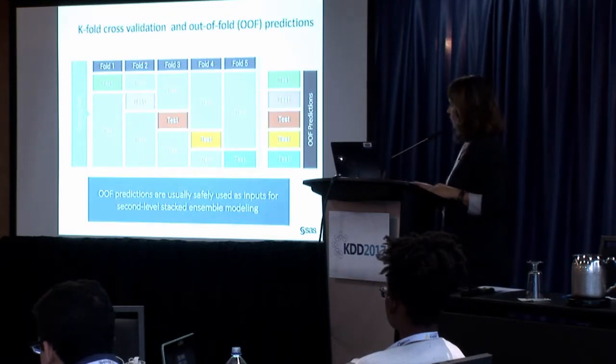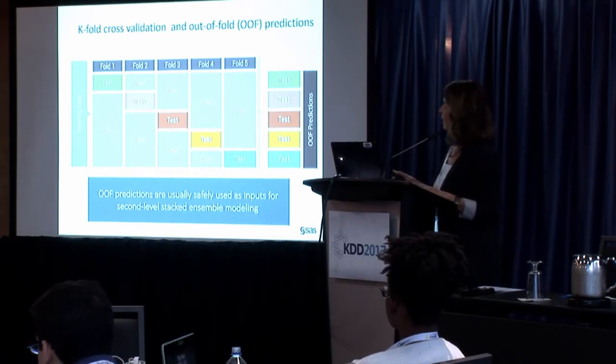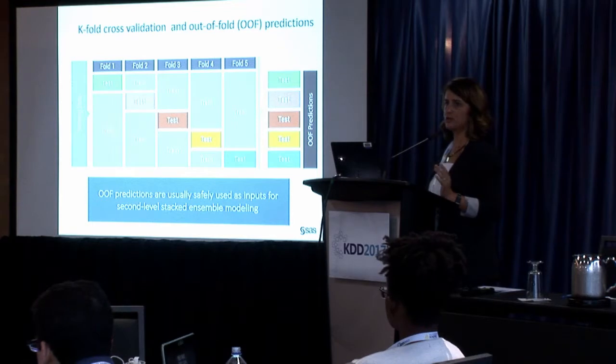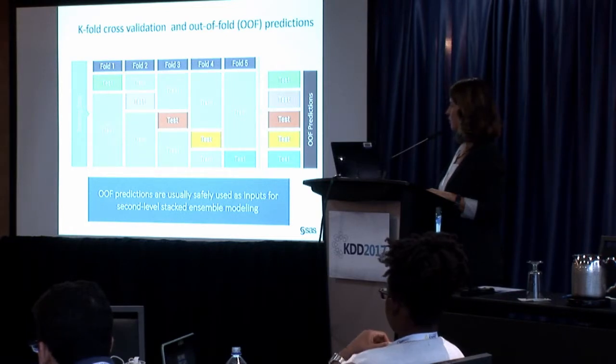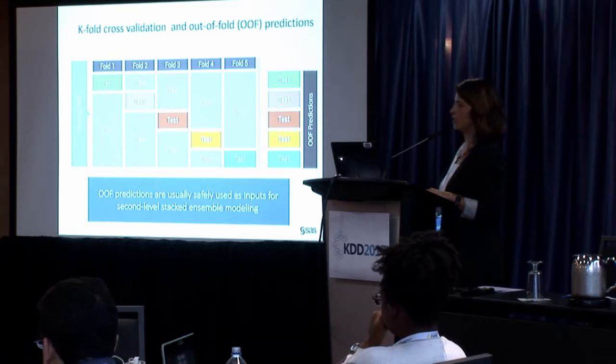So let's talk about cross-validation. When I talk about cross-validation, I talk about k-fold cross-validation. You divide your data into k disjoint folds, and then you hold out one fold of the data and train the model on the remaining part, and you assess your model on this holdout part.